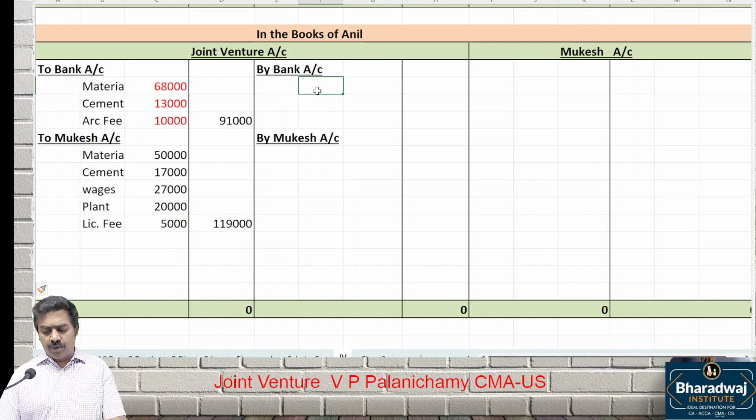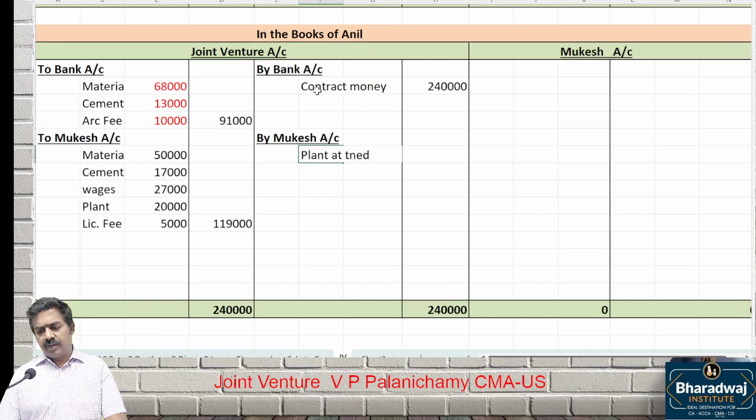By bank account, contract money collected. Who received contract money? Anil received contract money and Mukesh took over the plant. Plant at the end, how much have we taken away? 10,000. Tally this, you will get profit on this.